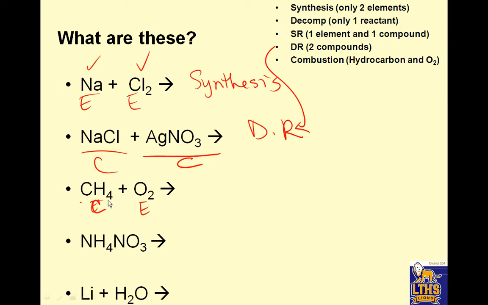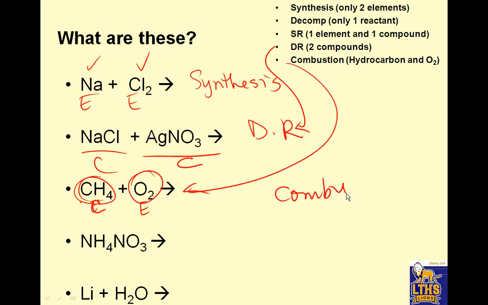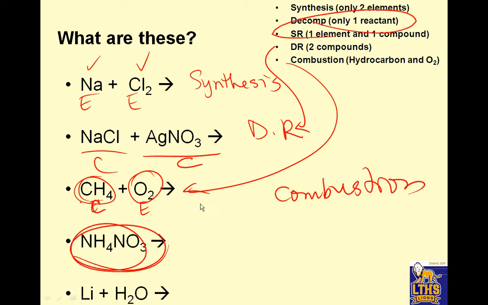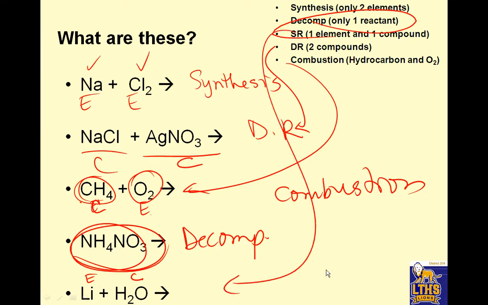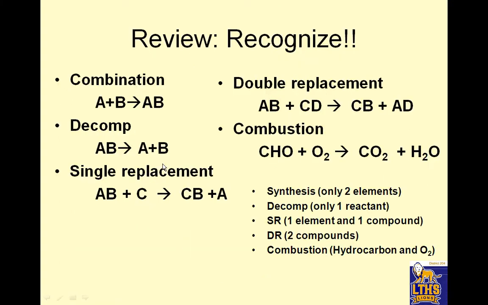But wait, make sure if it's a compound and an element, if the compound has C's and H's, and the element's oxygen, then it's combustion. Combustion. All right. Let's see. One single reactant, decomposition. And finally, element, compound. This is going to be single replacement. How do I know? Element and compound, and it's not combustion.